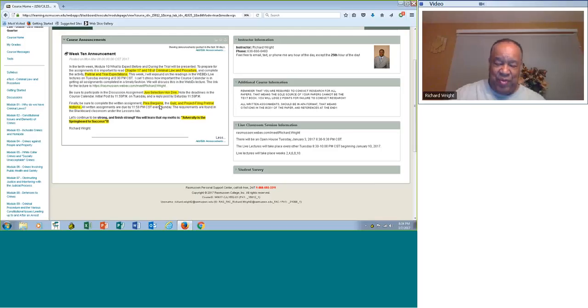Again, it specifies how many pages, and it is 2 pages, with citations and references, and that's due on Sunday. Then there's your quiz, your 10 questions, which you have 10 minutes to complete. And finally, your project, filing pretrial motions. These are some of the things we'll be talking about during tonight's lecture.